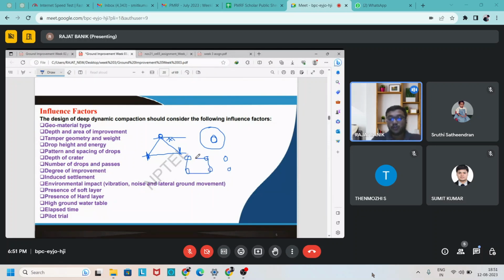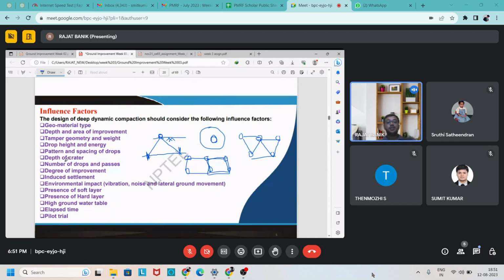So a square structure is formed. In the triangular pattern we apply here, here, here, and in between we apply here. So a triangular pattern is formed. Which is suitable for your plan area is also required to govern our deep dynamic compaction.